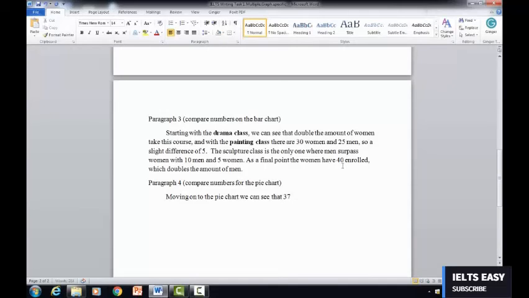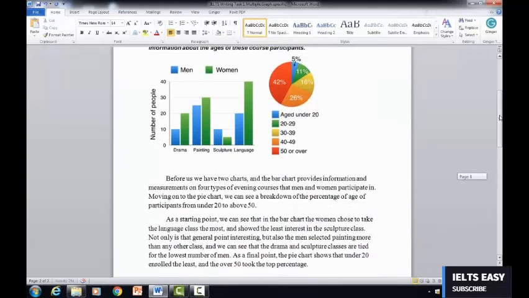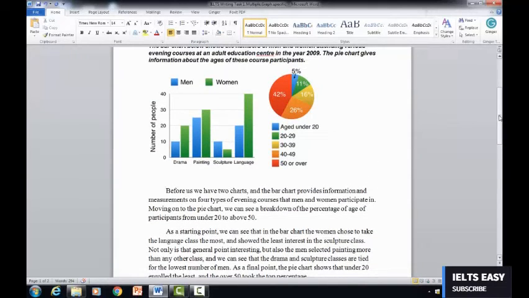We can see that 37% more 50 plus are enrolled than the under 20 aged group. See that? Where'd I get 37% more? 42 and 5, right? Over 50 is at 42, under 20 is at 5%.